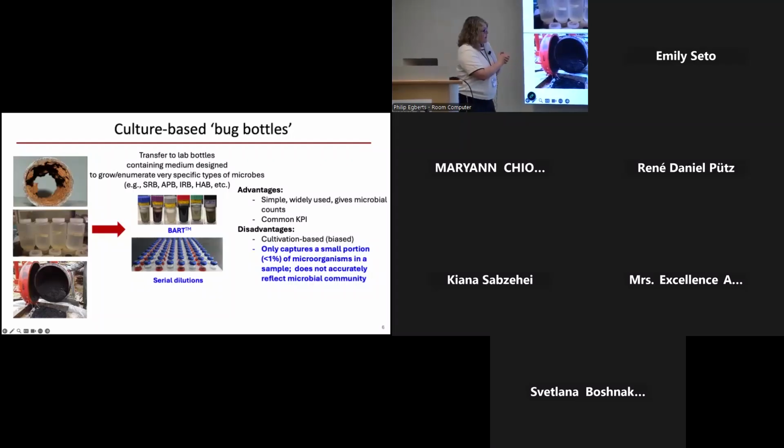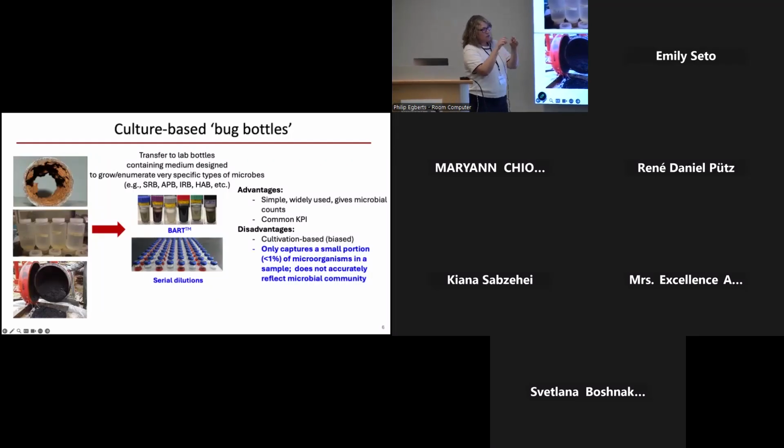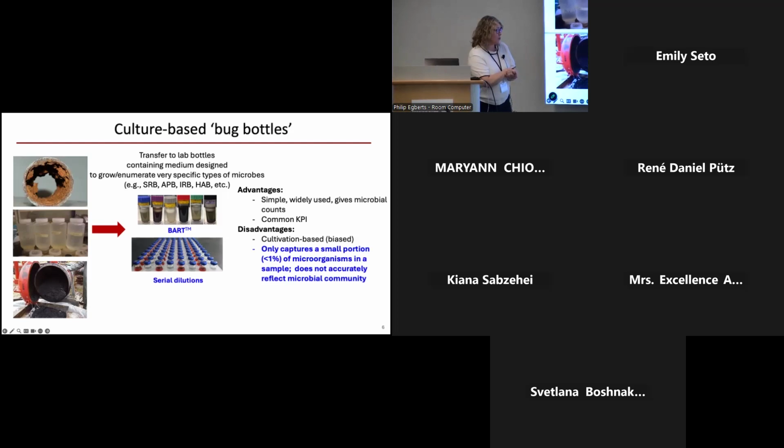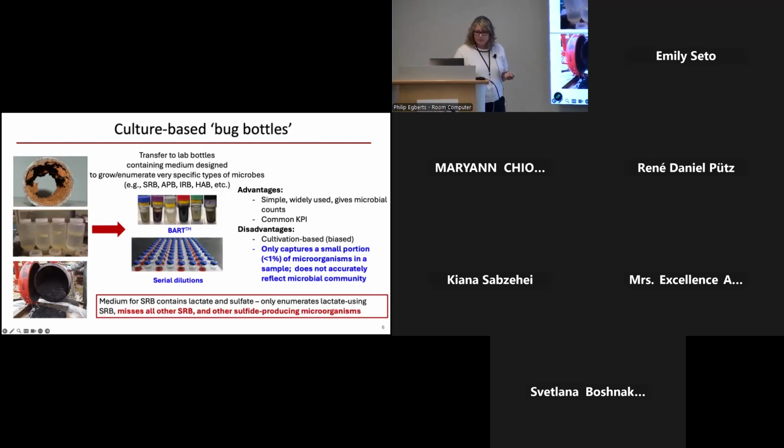But the main disadvantage is that because this is cultivation-based, you're growing the microbes in really specific media that's designed for really specific types of bacteria. It really only captures a small portion of the microorganisms that are actually in a sample. Okay, so it doesn't really accurately reflect that entire microbial community.